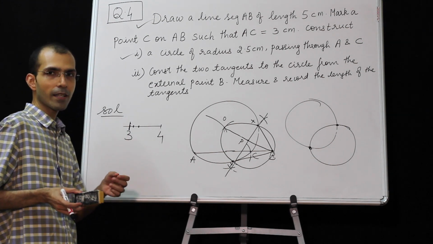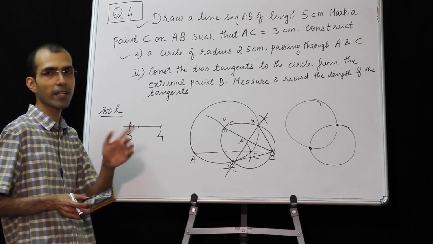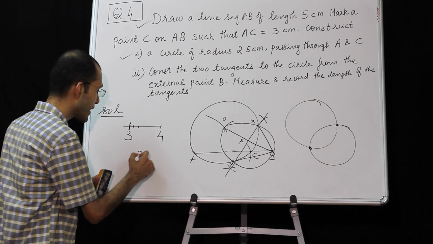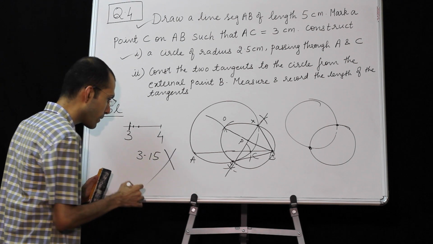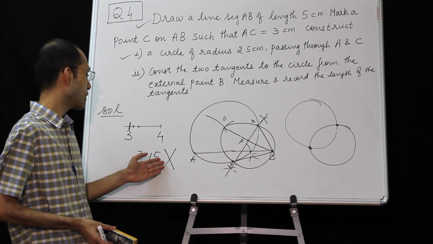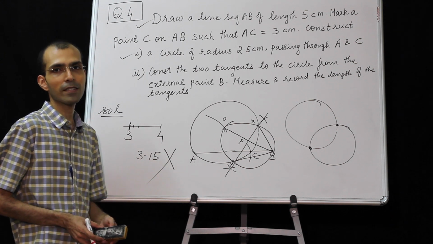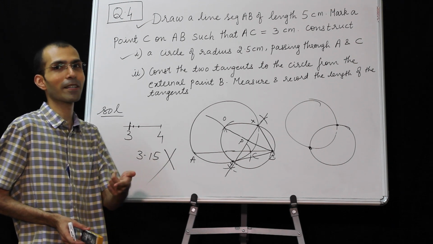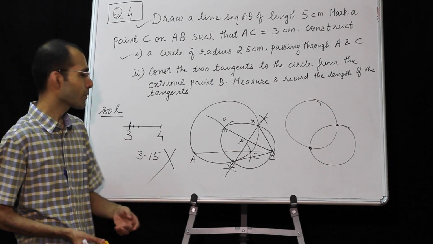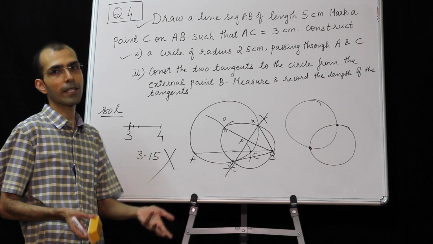While measuring, if you get it in between 3.1 and 3.2, we cannot write 3.15. It will naturally be marked wrong. How can a scale give you up to 2 decimal places of accuracy? What is the least count of the scale? 0.1 centimeter or 1 millimeter. So the scale can give you 3.1 or 3.2 or 3.3.